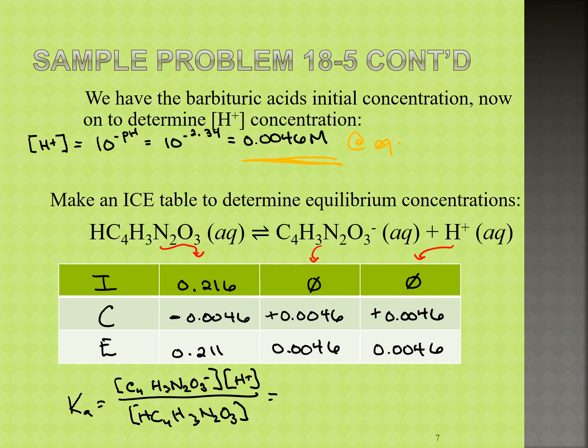So we plug in 0.0046 times 0.0046, or that squared, divided by 0.211. And so the Ka for this ends up being 1 times 10 to the minus 4.